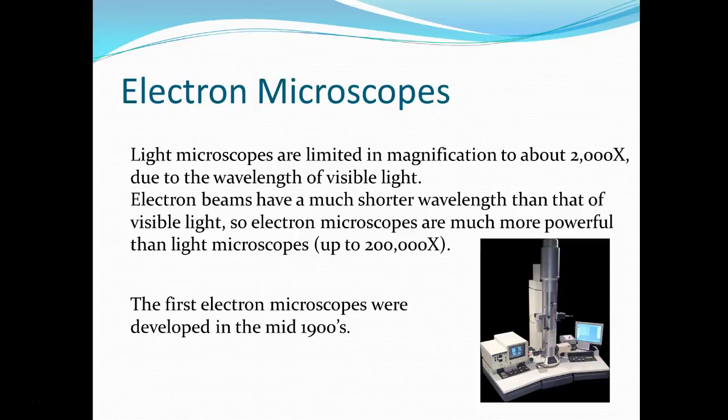So the most powerful light microscopes you're going to see up to about 2000 times magnification. Electron microscopes use beams of electrons rather than light. And because of the shorter wavelength of those, electron microscopes can magnify several 100,000 times.